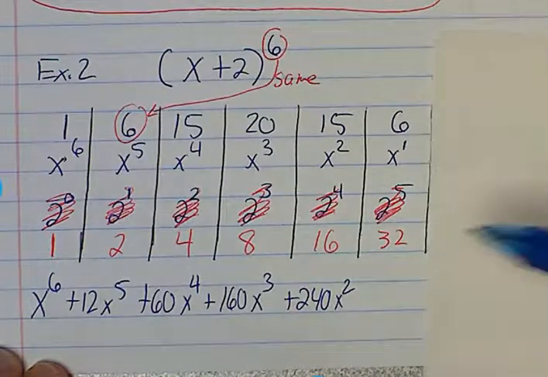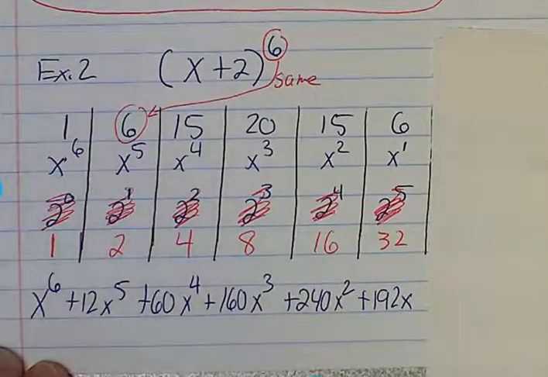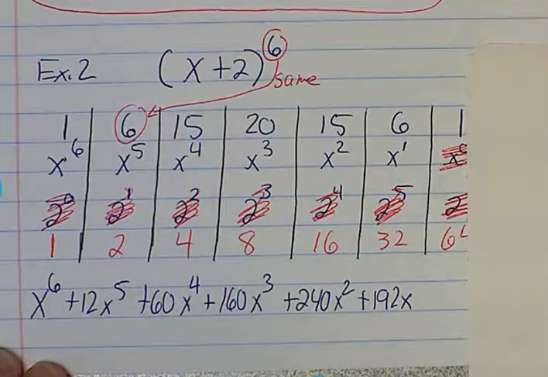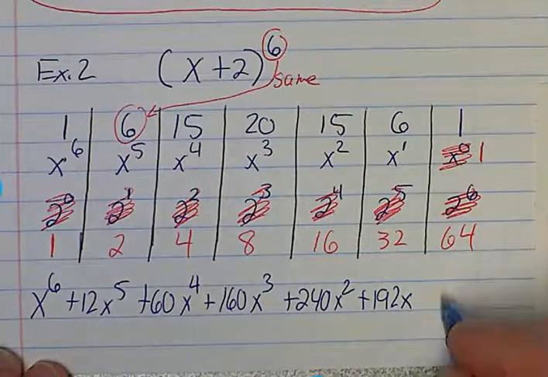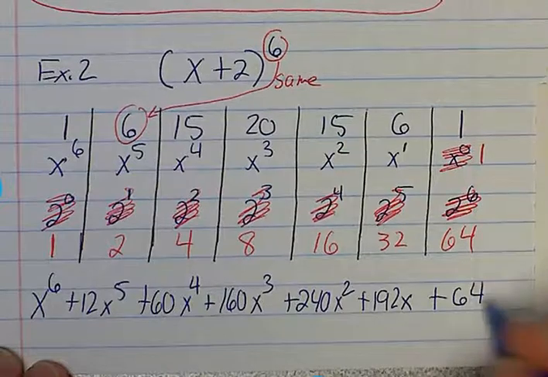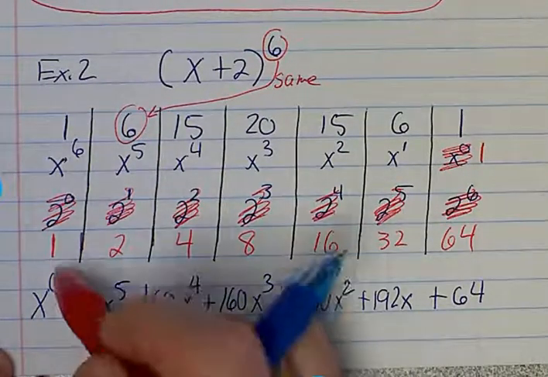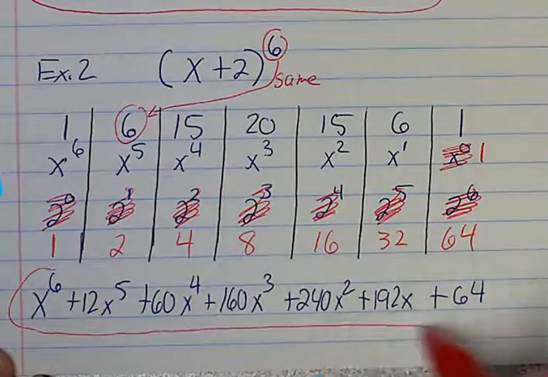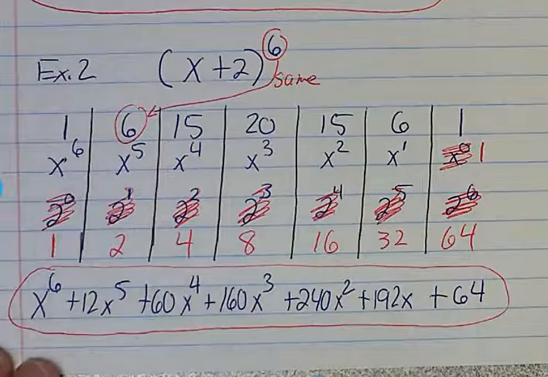That should be 192. And then for the last column, we have 1 times 1 times 64, or just 64. And that would be the answer we're looking for.